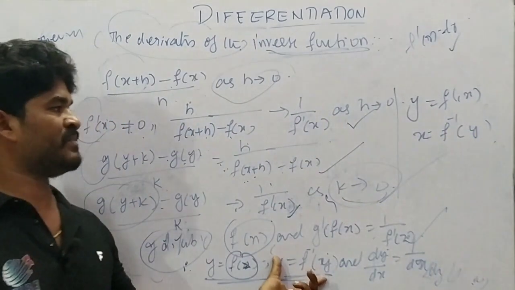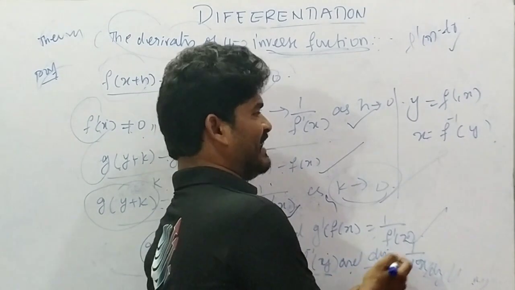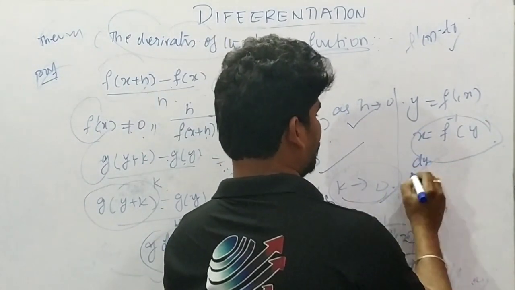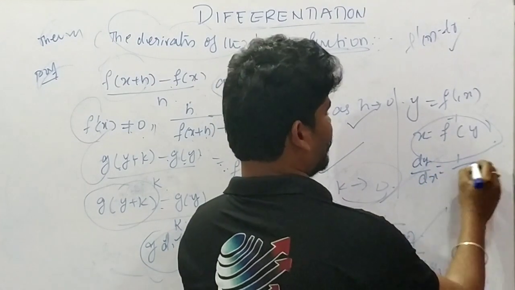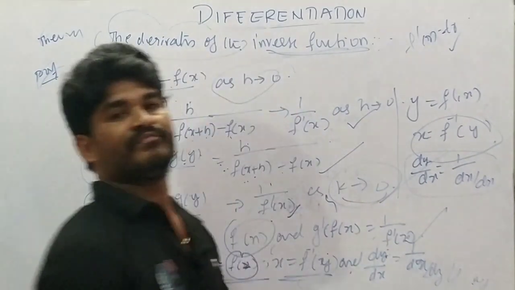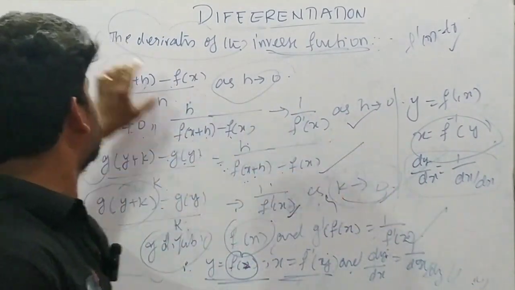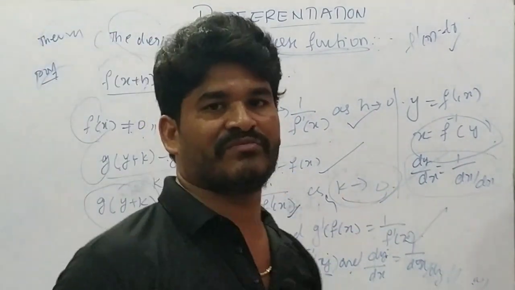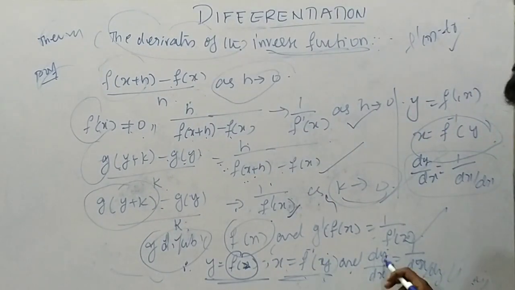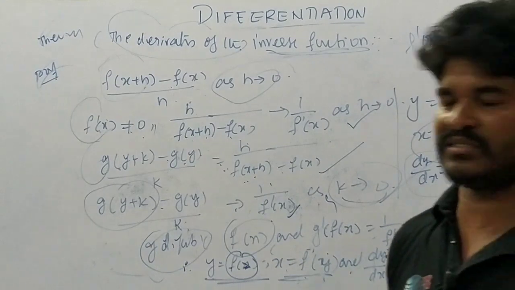The derivative of this function gives dy by dx equal to 1 divided by dx by dy. So this is the theorem, the final value: the derivative of the inverse of the function. Therefore x equals f inverse of y, and dy by dx is 1 by dx by dy. This is a condition.